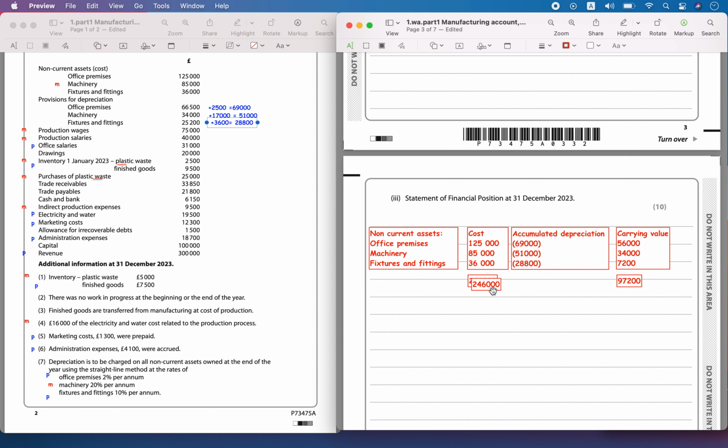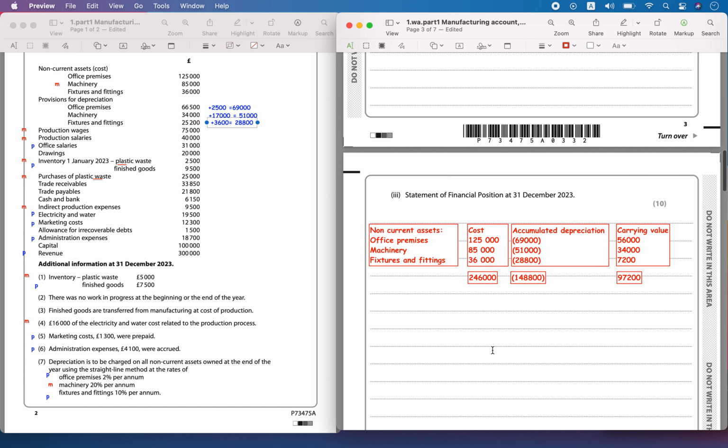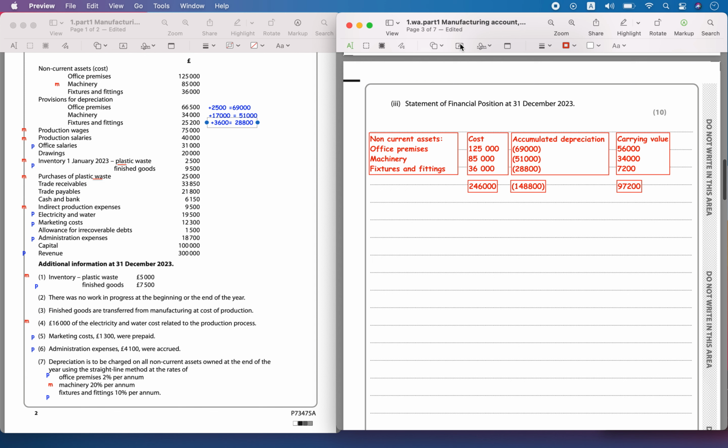The total accumulated depreciation, 69,000 plus 51,000 plus 28,800, is going to be around 148,800. So even when you do 246,000 minus 148,800, it should give you around 97,200.